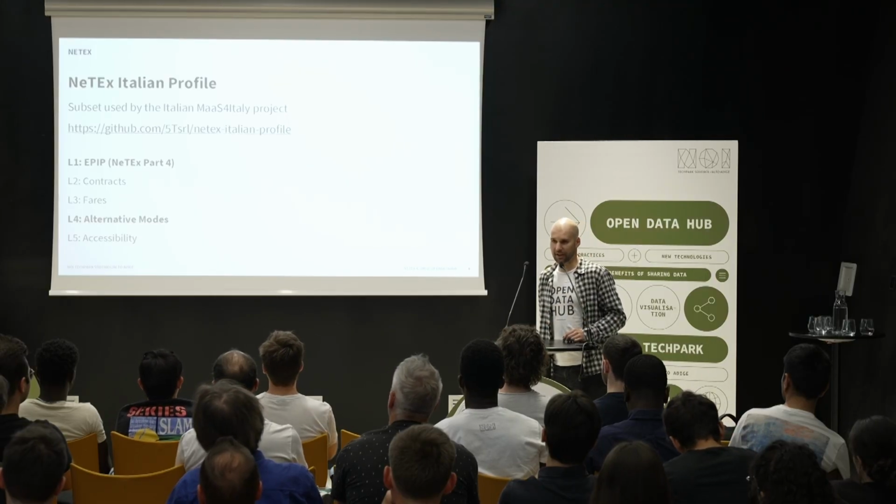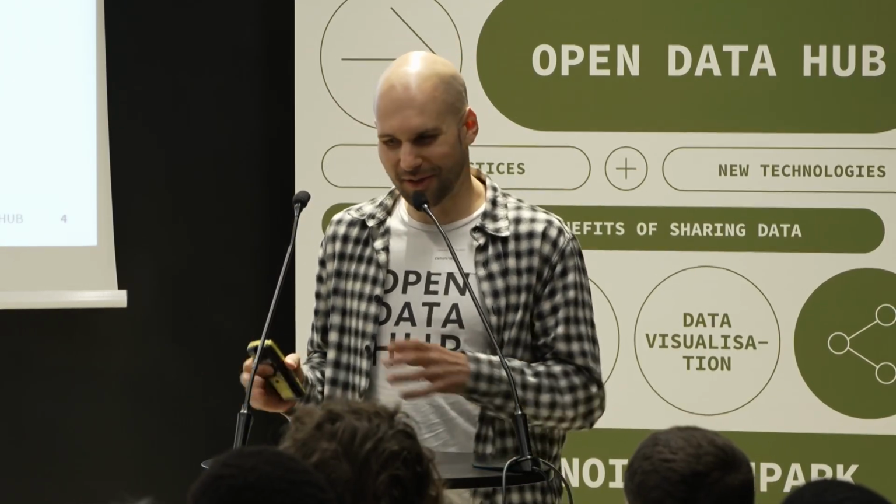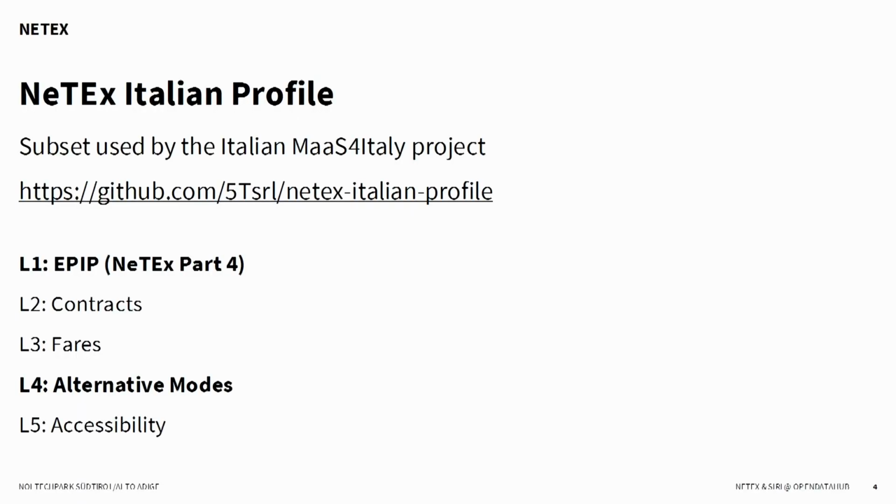And then, as you already heard, there is this proclivity of using profiles of the standard. So each country, or more or less each use case, uses its own small subset version of the standard, which makes it a bit more difficult. There is an Italian profile used in the context of this MaaS for Italy project.